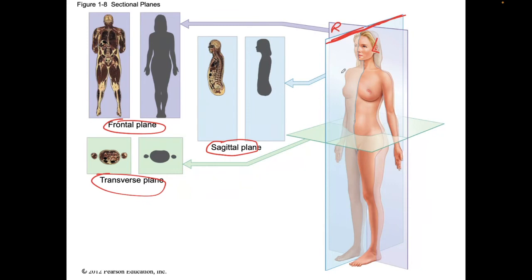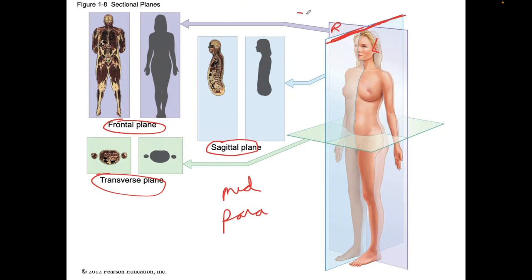Now, if it's directly in the center, they would use the word mid-sagittal. Mid-sagittal plane is right down the center. If it's parasagittal, it's still going to divide the body into a left and right half. It's just not going to divide it evenly into an even right and an even left half. So it's mid-sagittal or parasagittal.